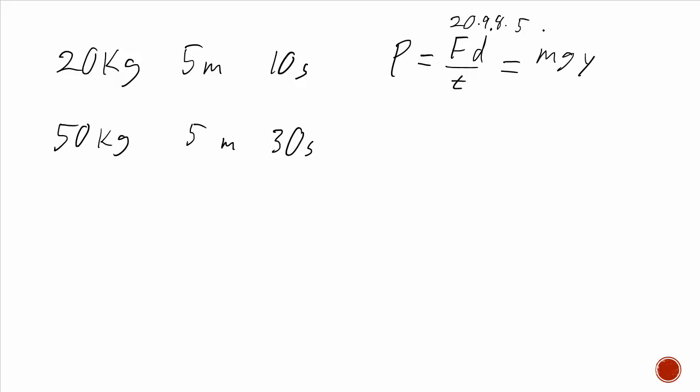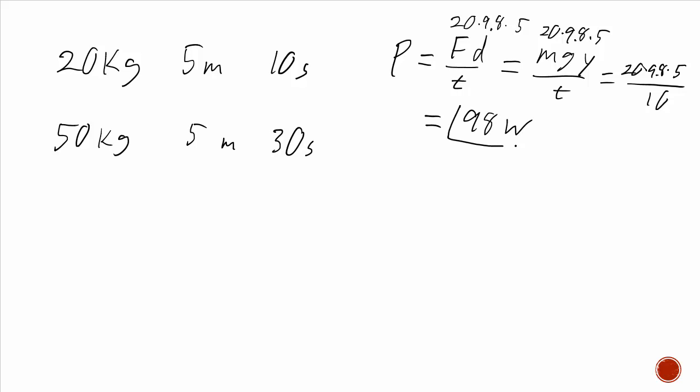Well, that's going to be the same calculation, 20 times 9.8 times 5. So either way, we're going to have 20 times 9.8 times 5, divided by 10, and that is going to give us a power of 98 joules per second, or 98 watts of power required to do that task in that amount of time.